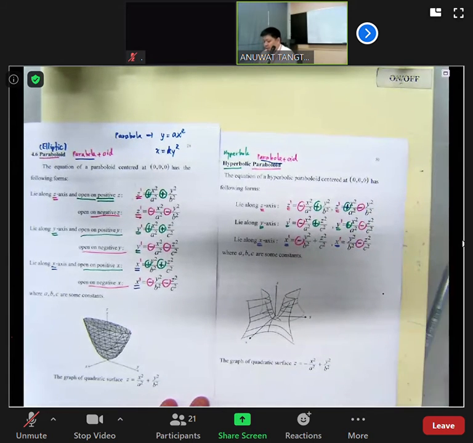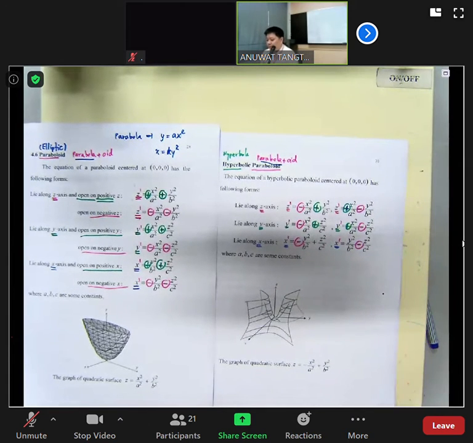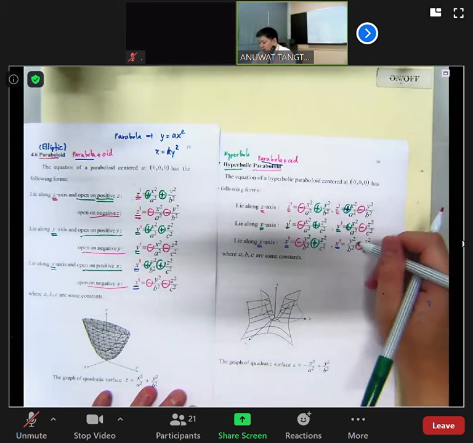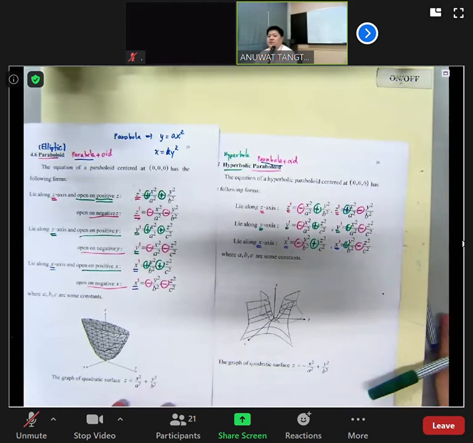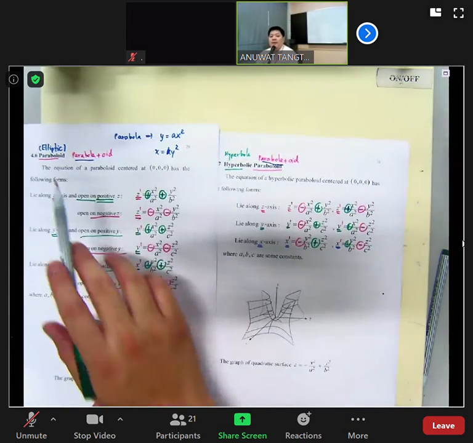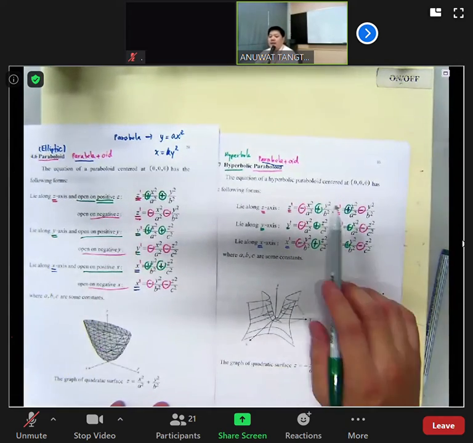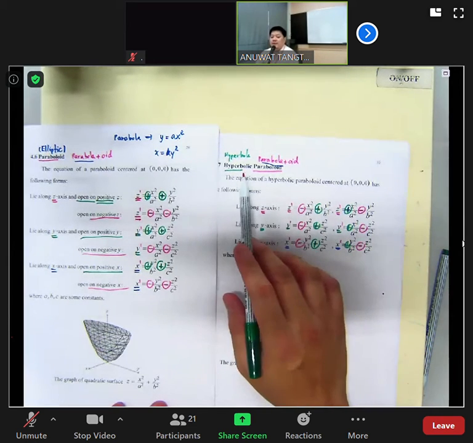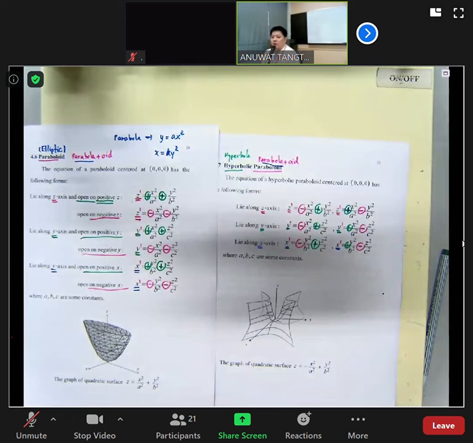Understand? So the difference between the elliptic paraboloid and the hyperbolic paraboloid is just the sign of these square terms. If the signs in front of these square terms are the same, it would be an elliptic paraboloid.